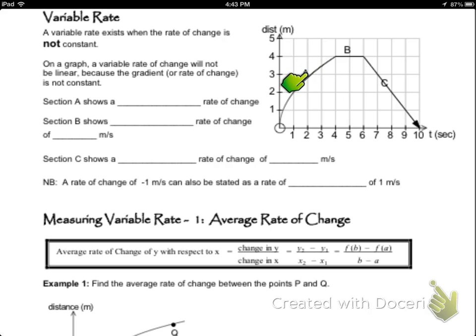So the rate of change along this section, section A, is what we call a variable rate of change. Section B, on the other hand, shows a constant rate of change. In this case, that rate of change is 0 because distance is not changing over this time period of 2 seconds.